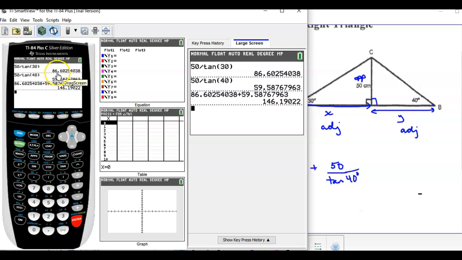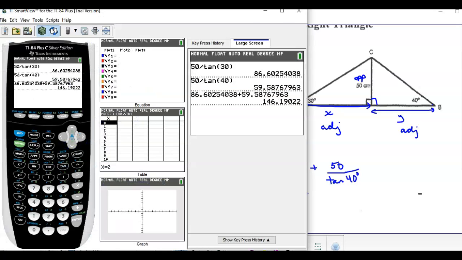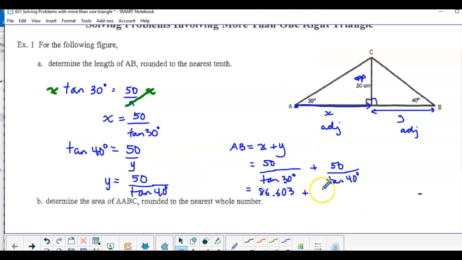So I'd go 86.603. Give me a sec here. So this is equal to 86.603 plus the next one, which was 59.588.